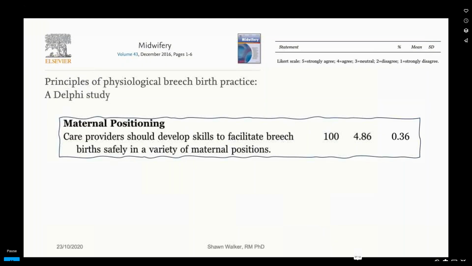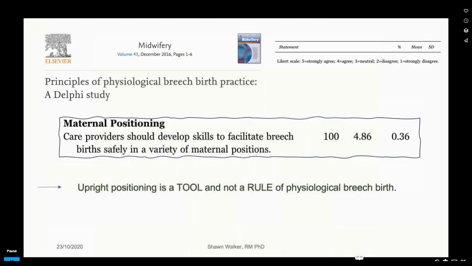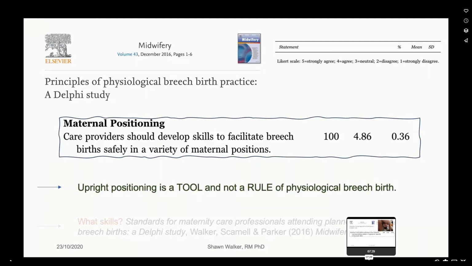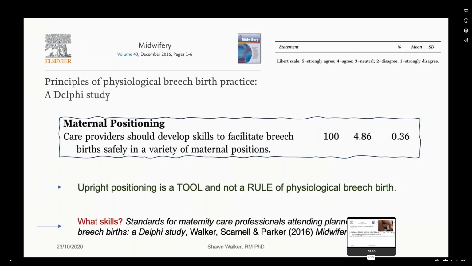Here again, she emphasized that the upright position is a tool and not a rule for physiological breech birth. The woman can change her position or her body to help the delivery of the baby in whatever position she is comfortable with, or the healthcare provider finds can help.